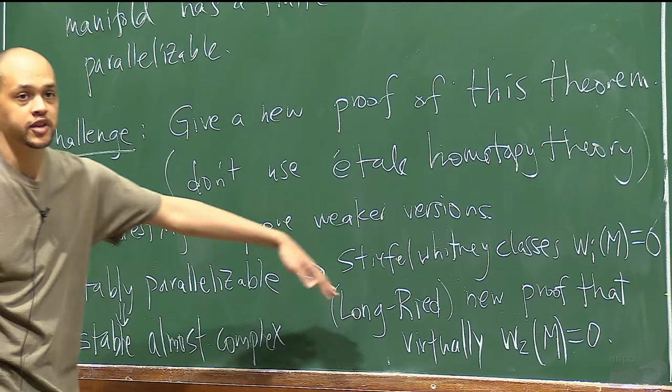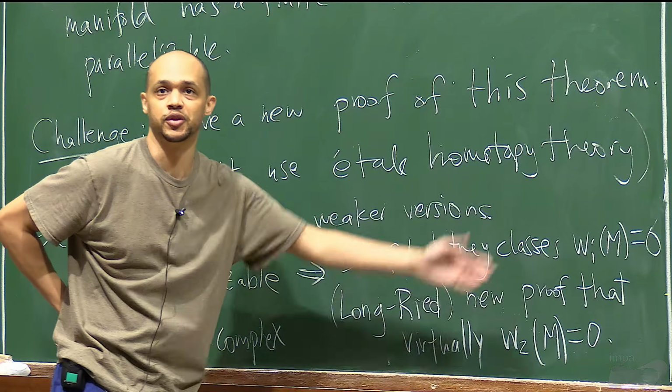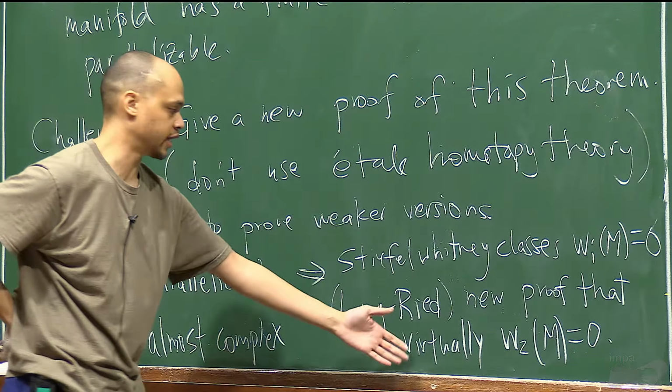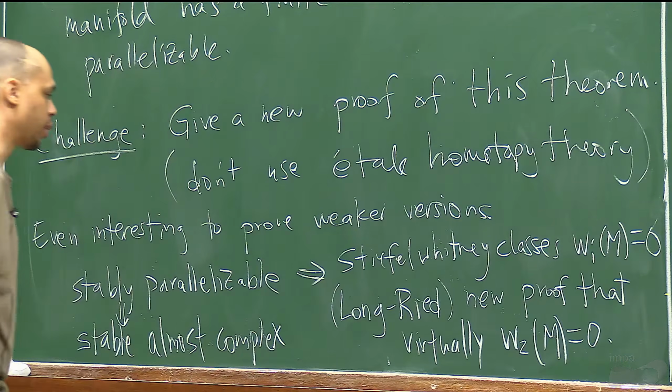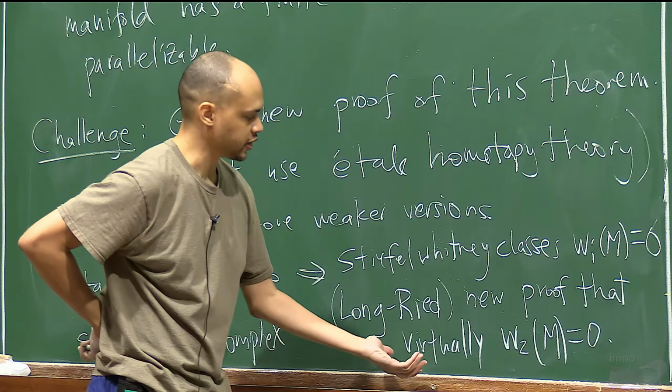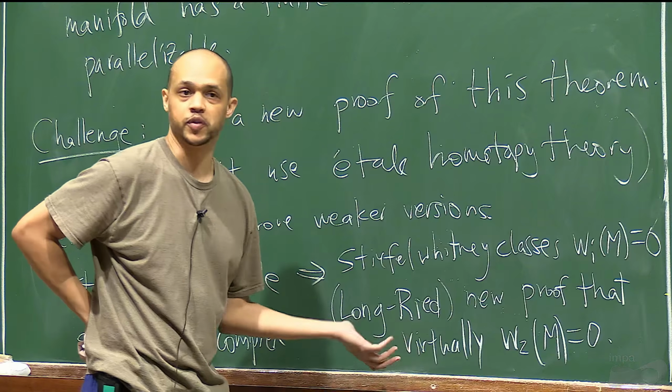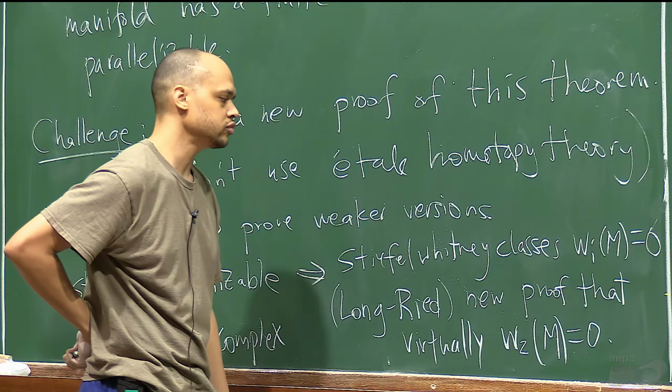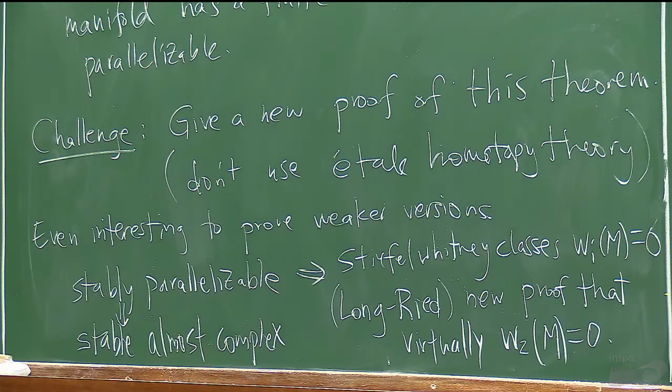W1 is just orientation; you just pass to a cover, that's fine. w2 is more interesting. I think essentially you use that the fundamental group is residually finite. But then there are more things to do.